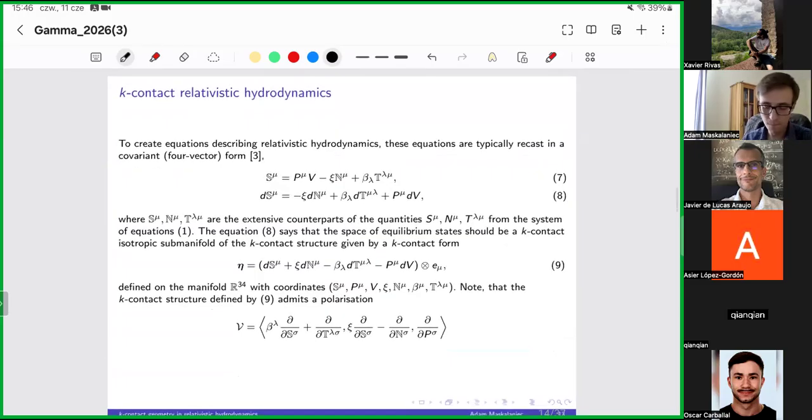Okay. So now we mimic this contact geometrical approach to thermodynamics, and we extend it to this k-contact relativistic hydrodynamics.